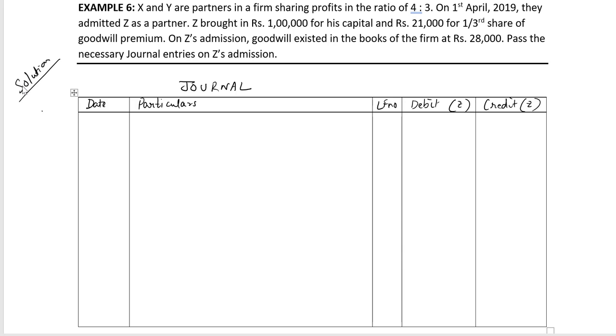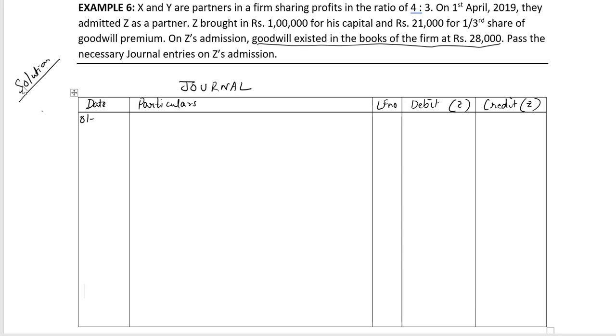We'll begin by writing off the existing goodwill. It says here goodwill existed in the books of the firm at rupees 28,000. So this existing goodwill of 28,000 has to be written off among old partners, that is X and Y, in their old profit sharing ratio, which is 4:3.